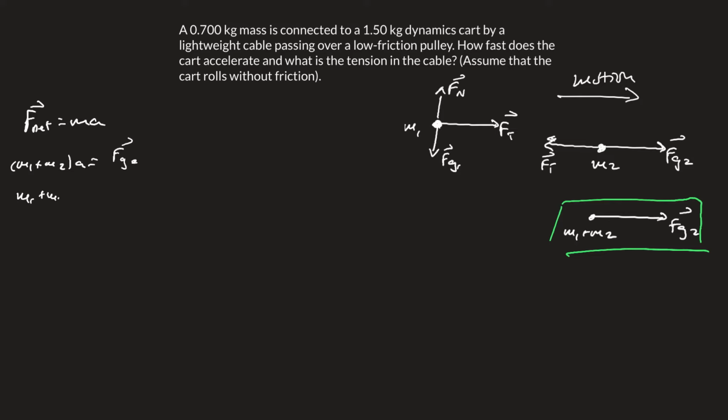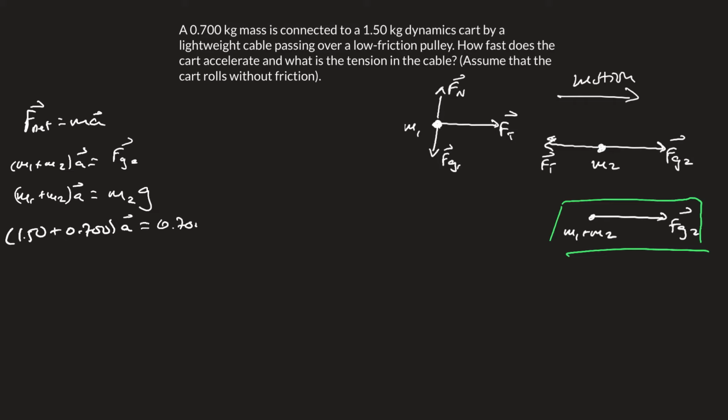Fg2 is going to be equal to M2 times the acceleration due to gravity. And now given all this information, we can start to substitute values in and rearrange. So we have an M1 of 1.50 plus an M2 of 0.700 times our acceleration, which we still don't know, but that we're going to be solving for.